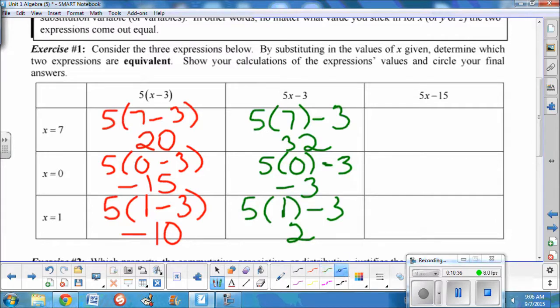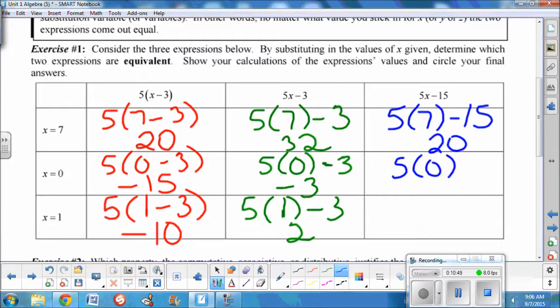And then in that last column, we've got 5x minus 15 as our expression. 5 times 7 minus 15. So 35 minus 15, 20. 5 times 0 minus 15. The stylus doesn't want to make a minus sign there. Sorry about that.